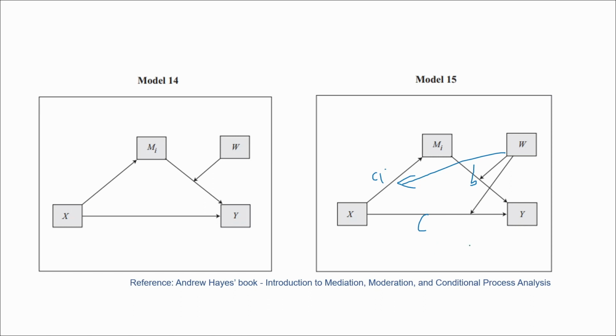But that could occur in some situations, and there could be other models as well, and they can also be considered moderated mediation. So if you want to learn more, definitely check out this book to read more about moderated mediation analysis. So I think that's it.